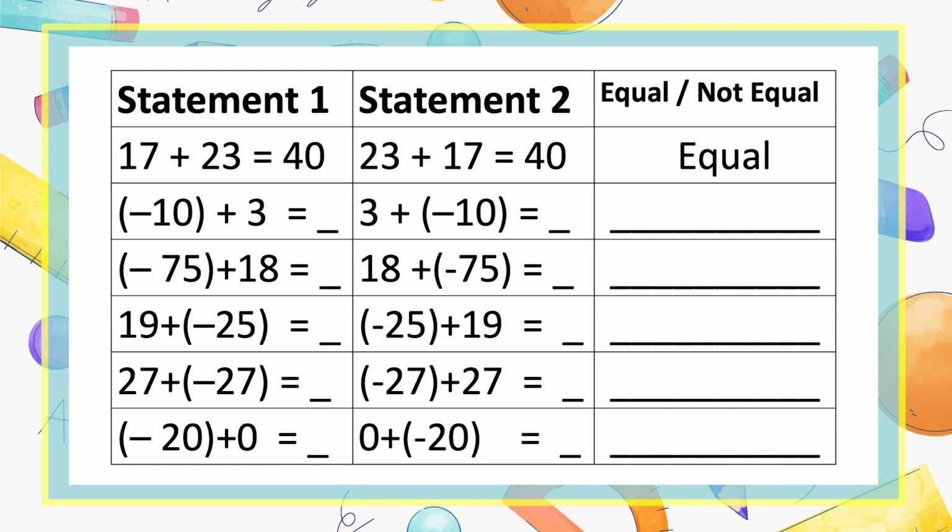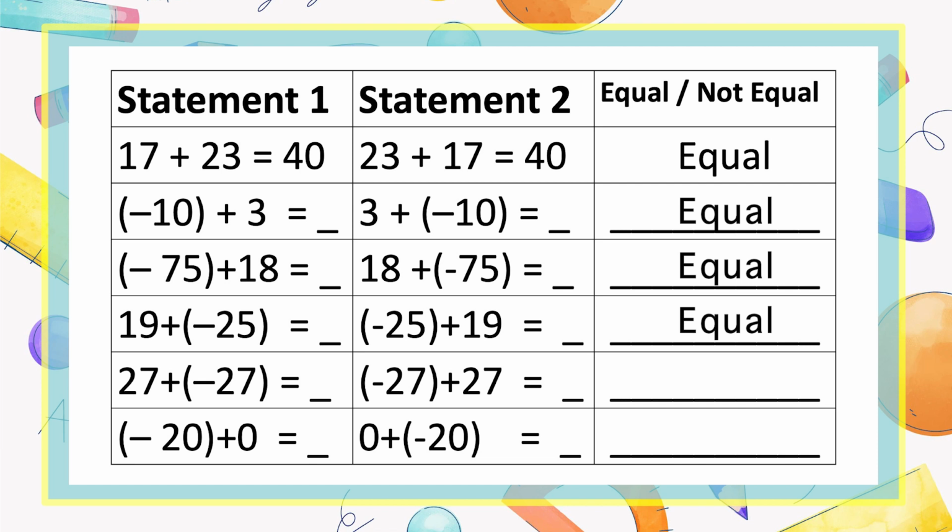Similarly, looking into the next one, minus 10 plus 3 or 3 plus minus 10, are they equal? Yes, they are, because both are minus 7. Minus 75 plus 18 and 18 plus minus 75, are they equal? Yes, they are equal, because both are minus 57. 19 plus minus 25 or minus 25 plus 19, will they be equal?